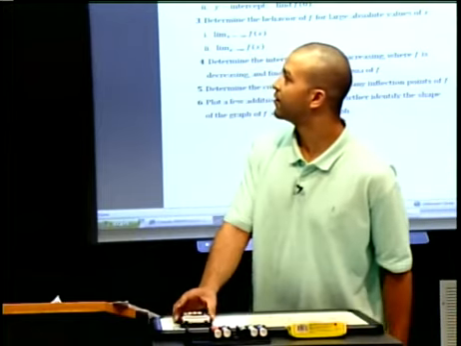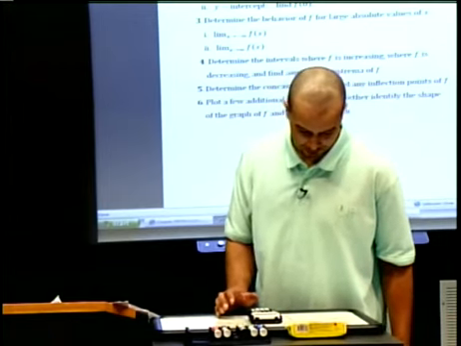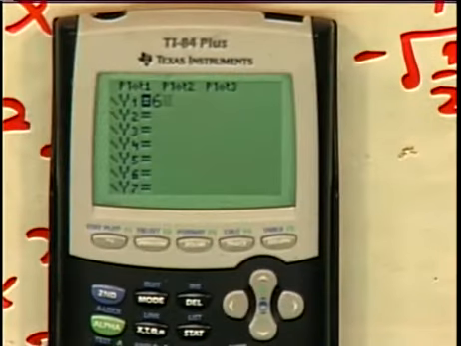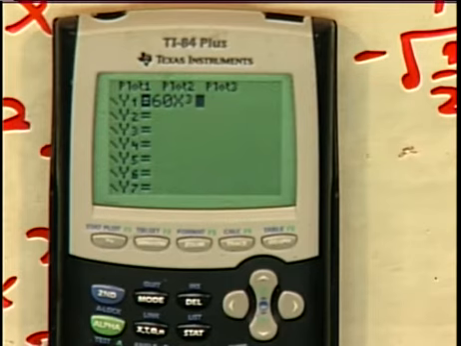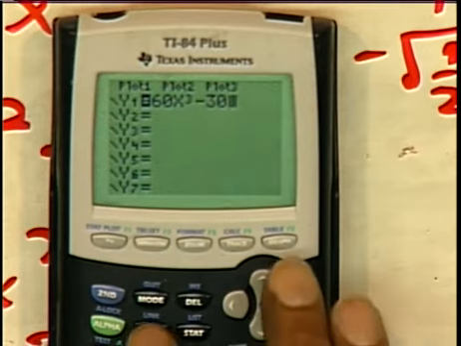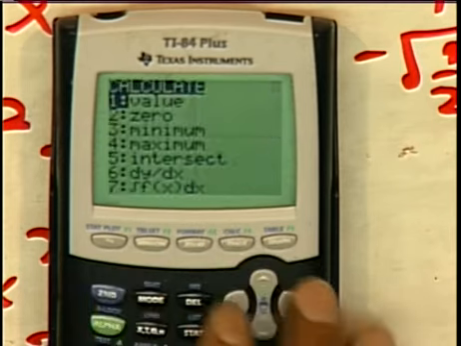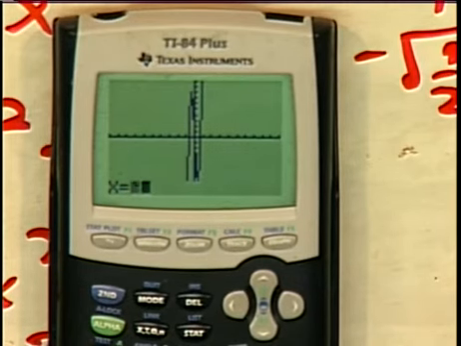Okay, so we're using the double prime: 60 x cubed minus 30 x. Graph that. And then second trace, value. And you just put in your x value. We're using negative 1. Okay. And it gives you negative 30.